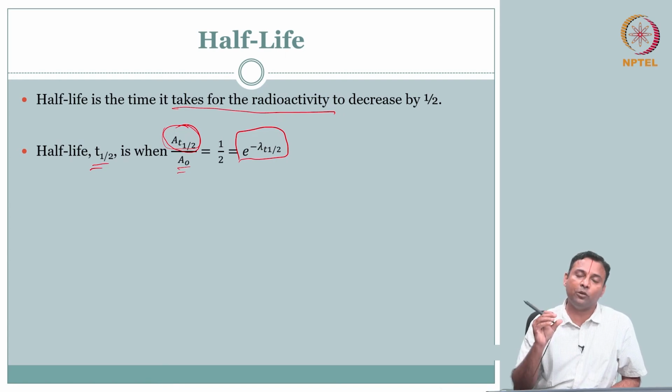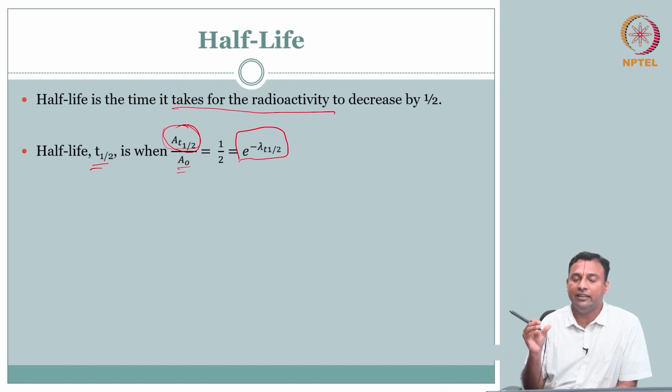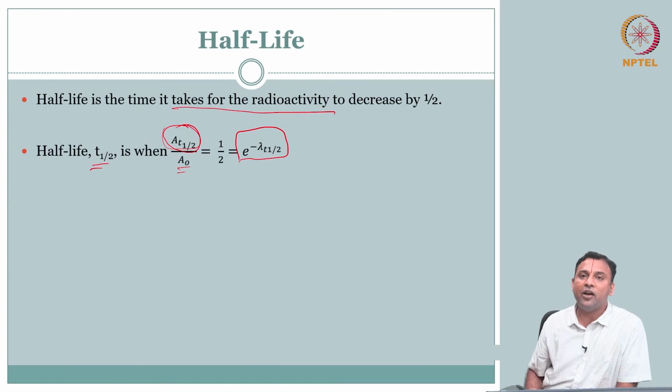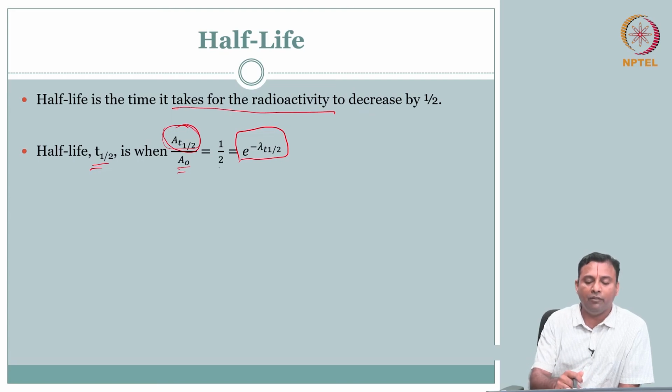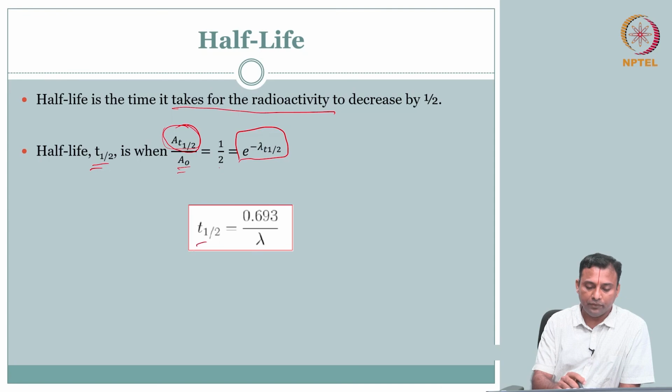There we talked about half value layer thickness, where the inherent material property was mu. Here it is radioactivity. So you have a half, you have an e, so we could take ln and get the value. So T half is 0.693 by lambda.